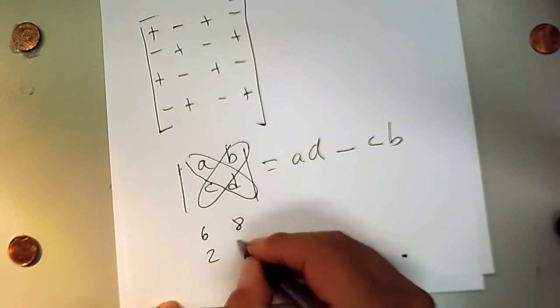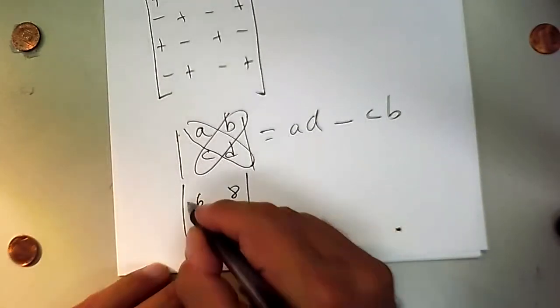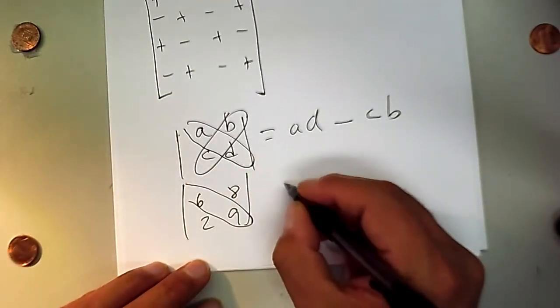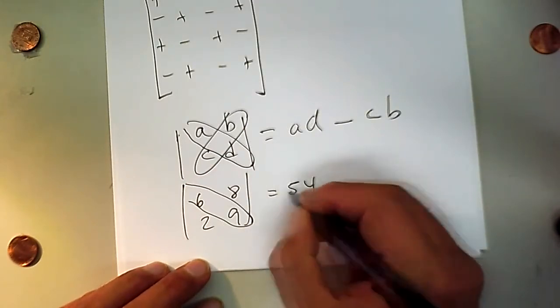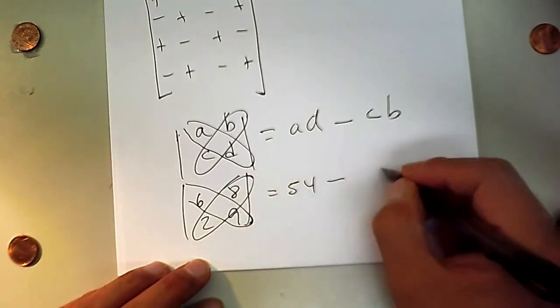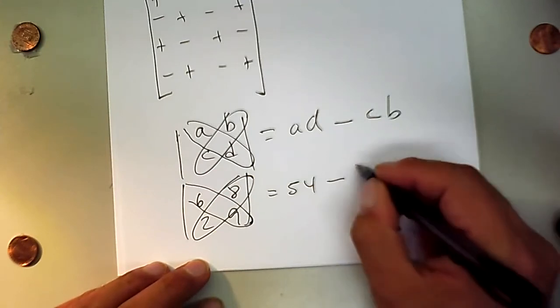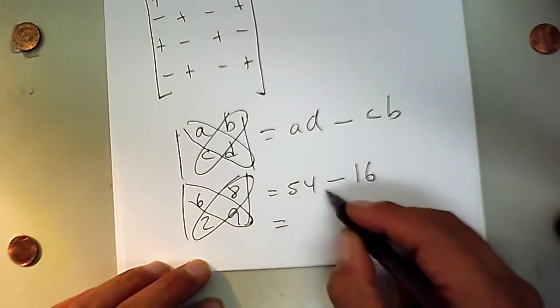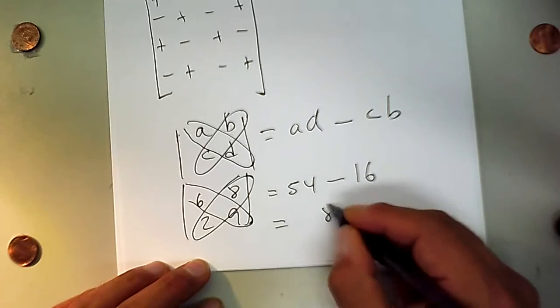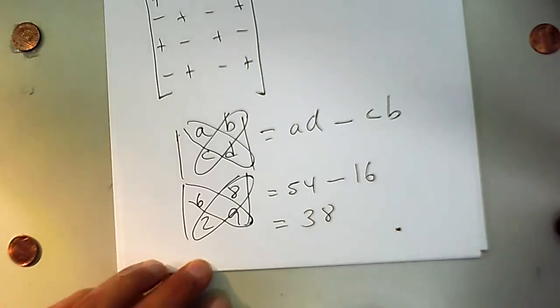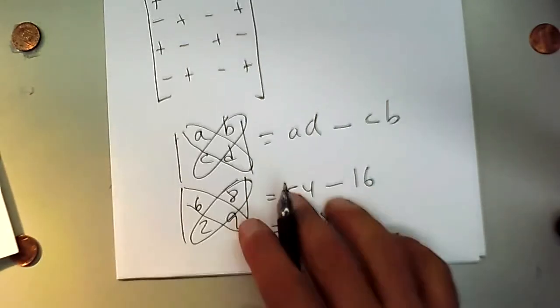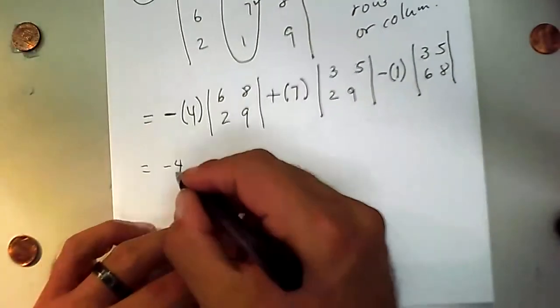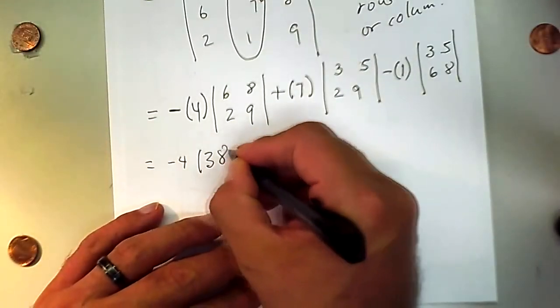Multiply those two, 54. Subtract 16. That gives 38. So that is negative 4 times 38.